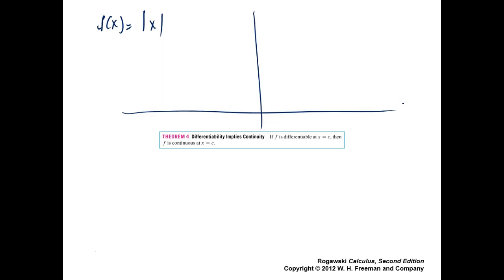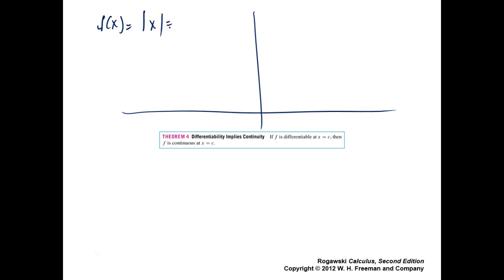Anything you know about the absolute value function? Always positive, very good. That's why I put a very little negative down there. What else can you tell me about the absolute value function? I think you should have hit this, but I don't think they emphasize it anymore.